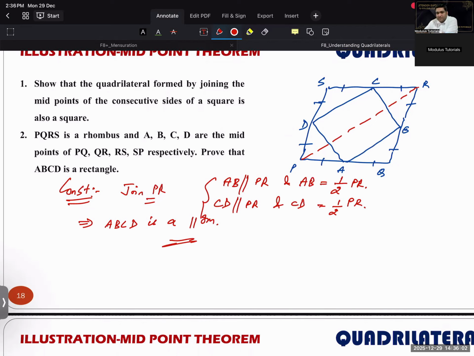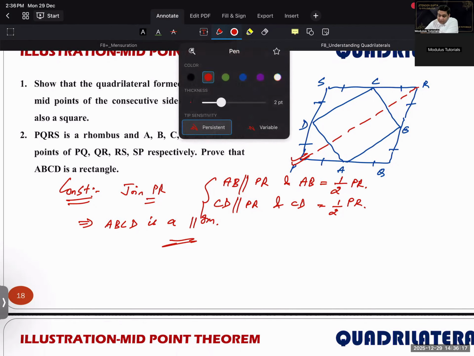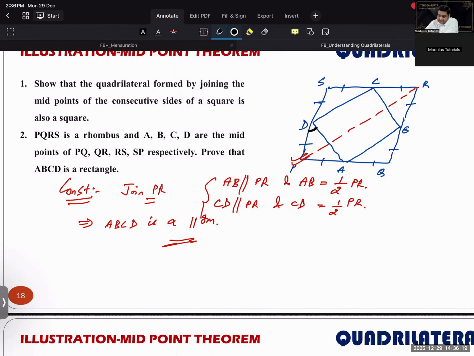Now, if you want to prove it's a rectangle, you have to establish one angle is 90. Without that, we can't do it, right? Now, in the previous question, this angle was given as 90, so by taking equal angles, we could do it. In this scenario also, this is X, this is X, this is X, and this is X. But the problem is one angle is not given, so we cannot conclude like that.